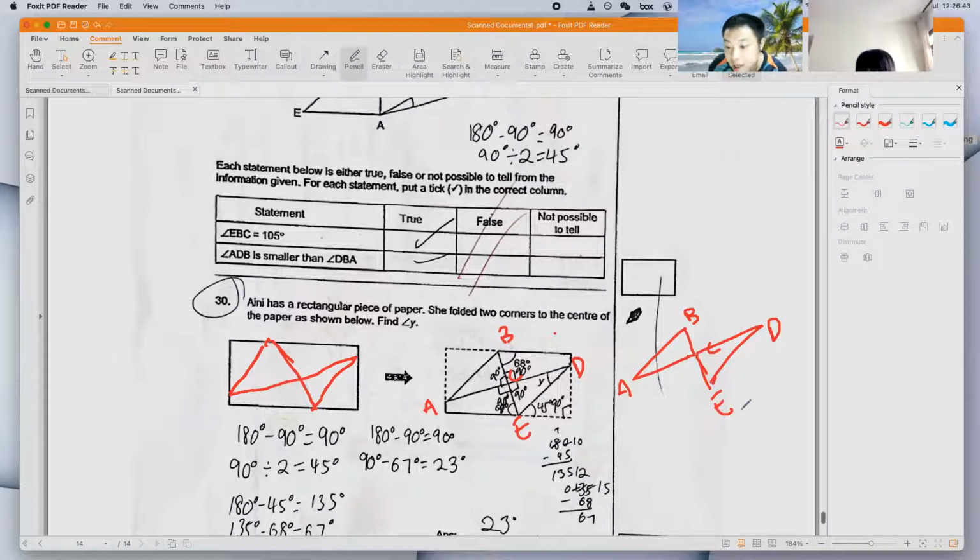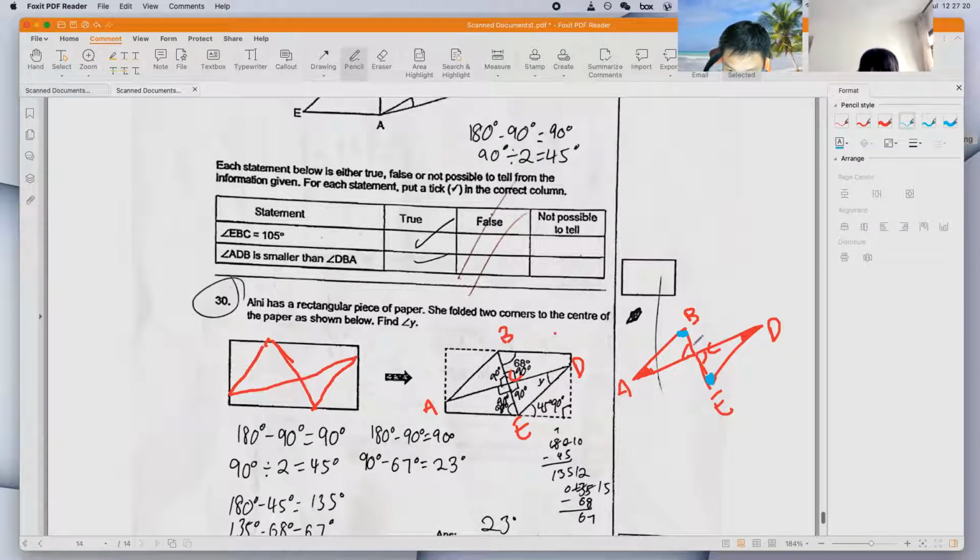If they are exactly the same, this one and this one are equal, these two are equal, and then these two are equal. And of course this one, let me use a different color, this one and this one are the same also. That's all I know. But whether these two are 90 degree or not, I'm not sure yet. So I need to find out.